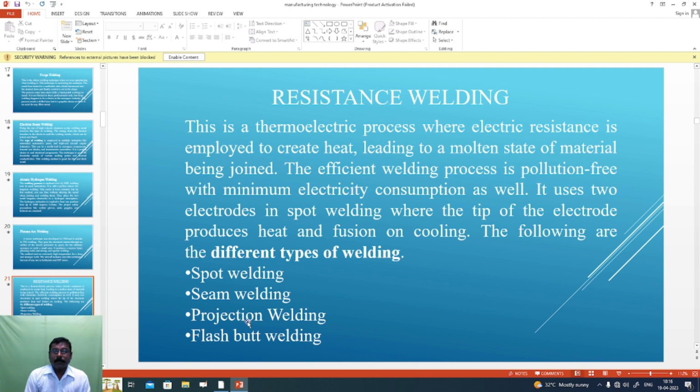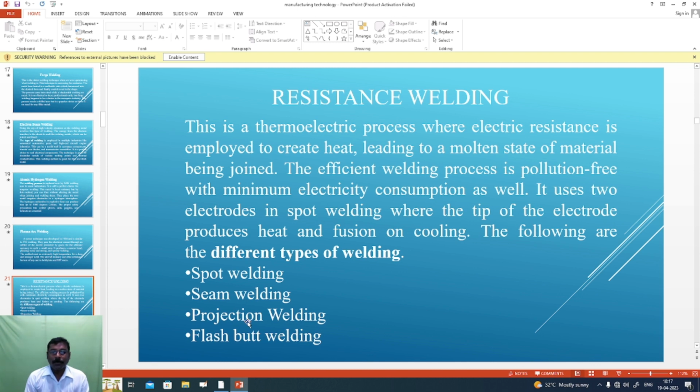Then resistance welding. This is a thermoelectric process where electric resistance is employed to create heat, leading to a molten state of the material being joined. The efficient welding process is pollution free with minimum electricity consumption as well.